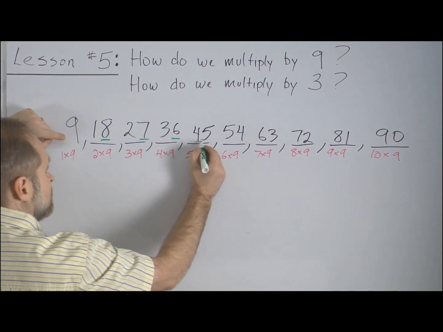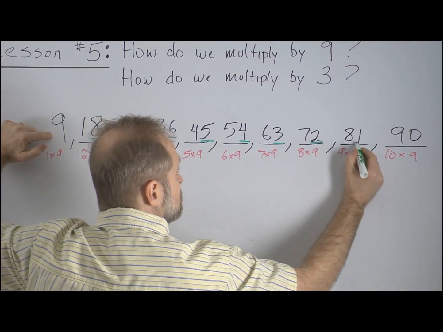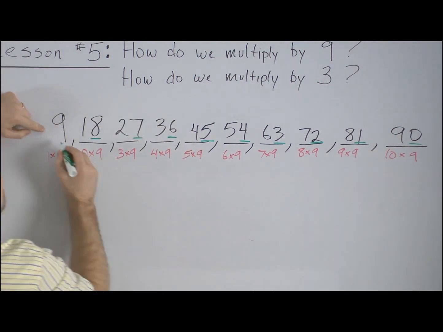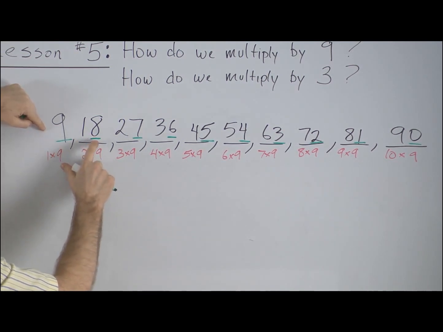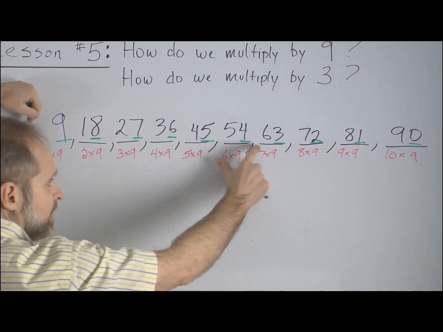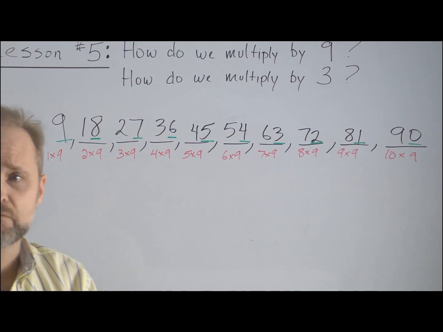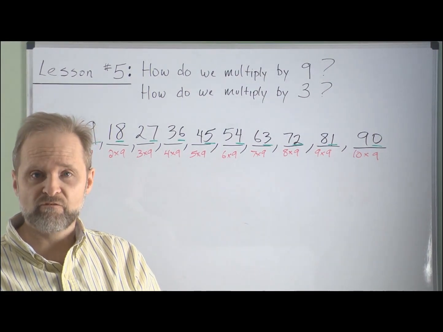I'm going to underline all these digits that are in the ones place. If we do that, I think it's very clear that there's a pattern here. We have 9, 8, 7, 6, 5, 4, and I think you know how it ends. That's a pattern that's going to be very, very helpful for us.